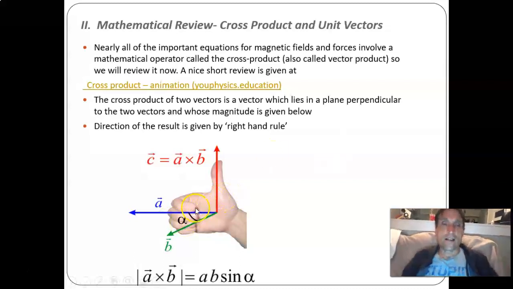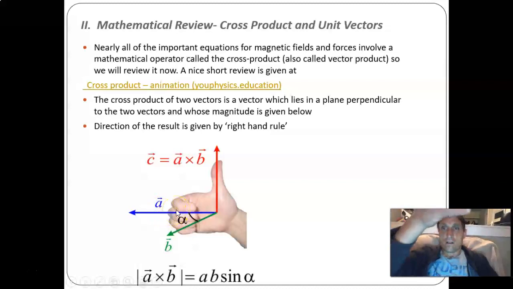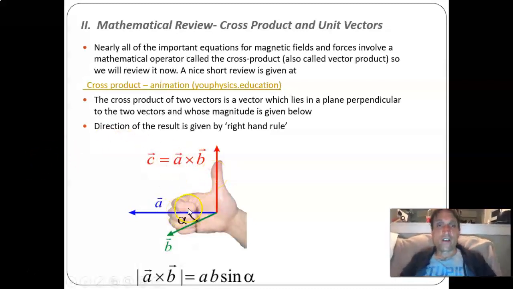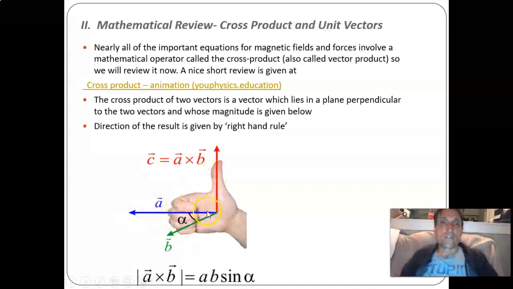You point your fingers along A, your palm toward B, and you curl your fingers, and your thumb will give the direction of C. So in this case, your thumb points upward, and so C is pointing perpendicular to A and B, pointing upward.